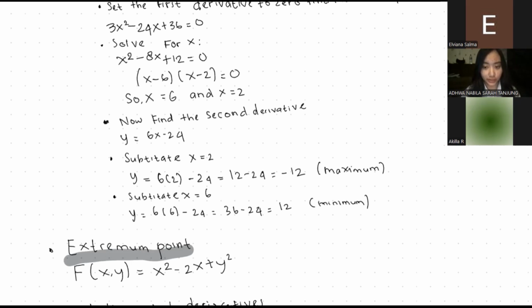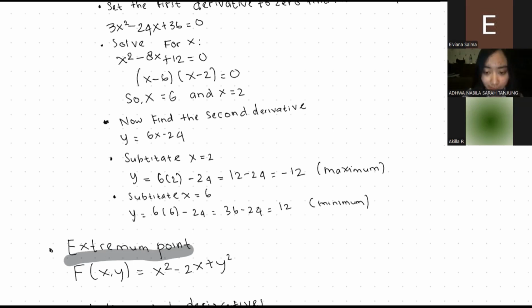Because the result is less than 0, this point is a maximum. Substitute x equals 6. 6 times 6 minus 24 equals 36 minus 24 equals 12. Because the result is greater than 0, this point is a minimum.